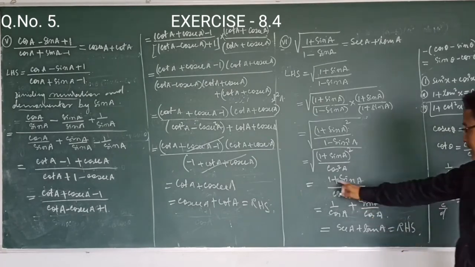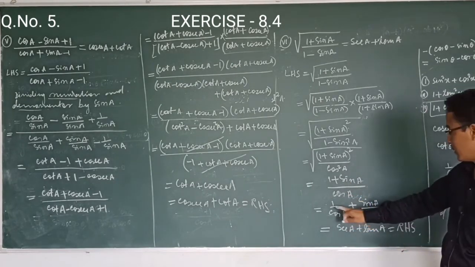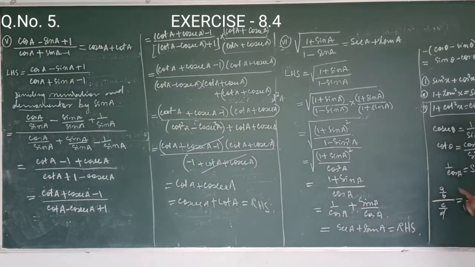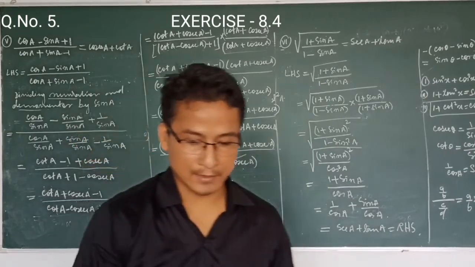Okay, so 1 plus sin A by cos A, we distribute it. After distributing, 1 by cos A means we know that is sec A. Okay, 1 by cos A equal to sec A, and sin A by cos A means tan A. Okay, tan A, so I will write tan A here. Okay, so this is the solution of question number 6.